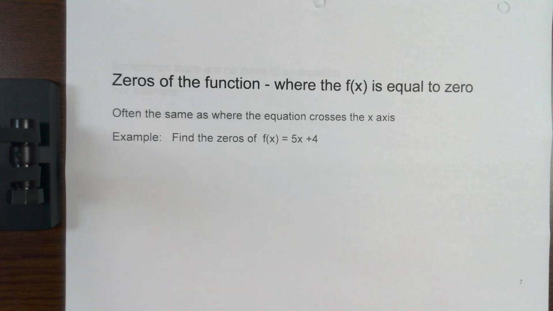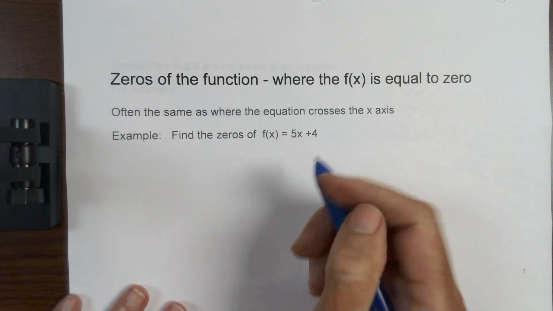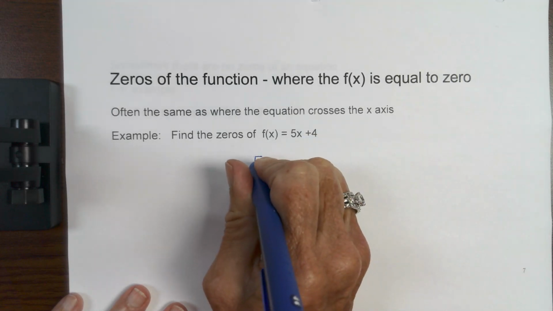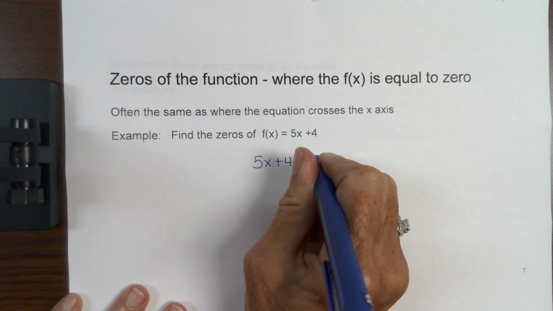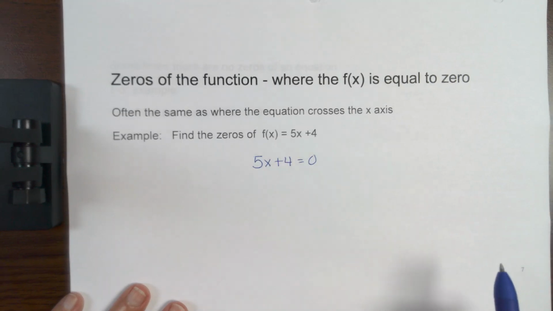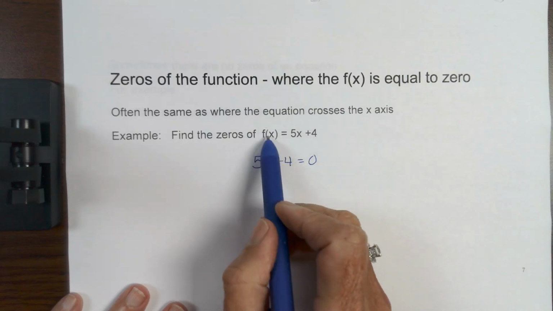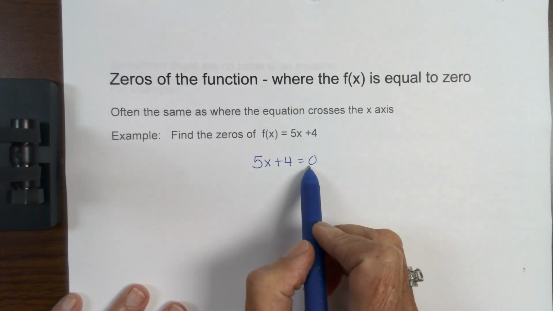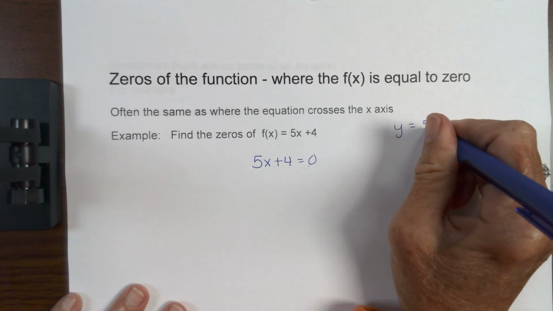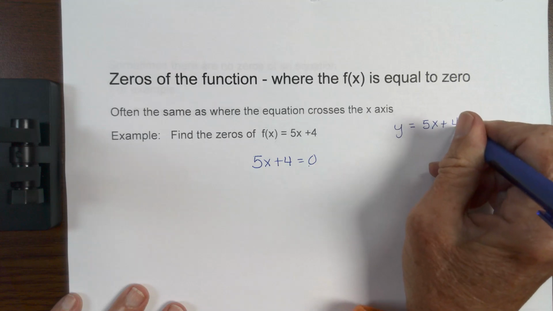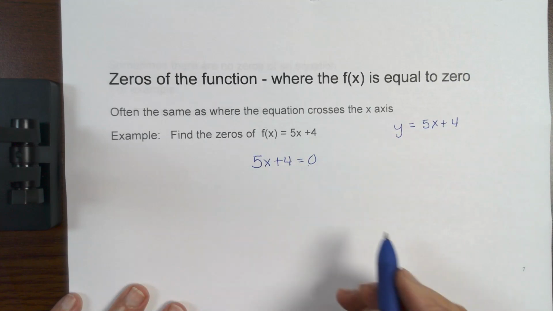So if I was going to find the zeros of this equation, I literally take the equation and set it equal to 0 and solve for it. So the f of x here is going to be equal to 0, but remember that also means y is equal to 5x plus 4. The f of x is the same thing as y.